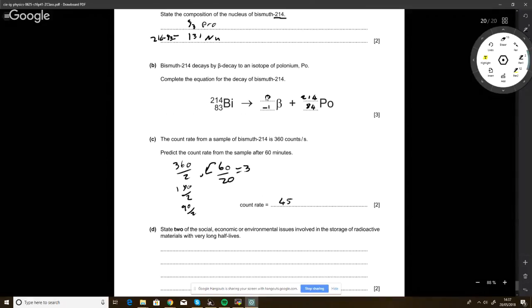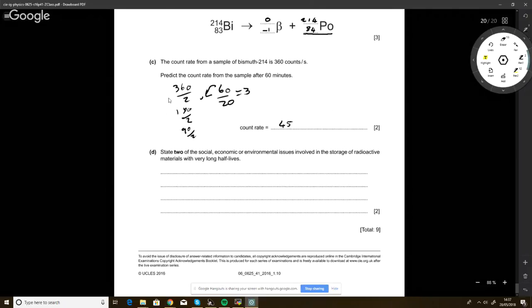But what happens in beta decay is that a neutron ejects something similar to an electron, well, it actually is an electron, and turns into a proton. So the number of protons on their own increases by 1.